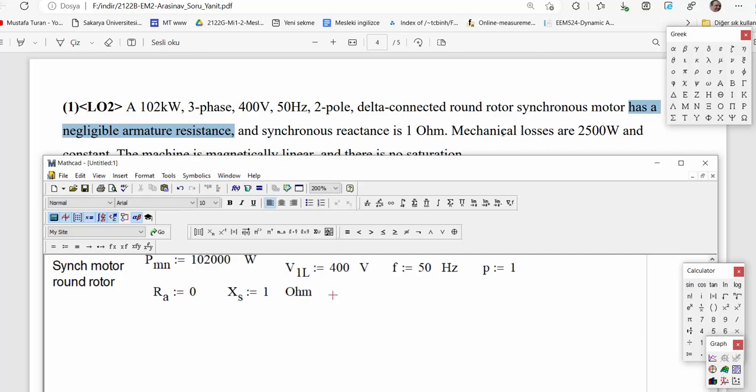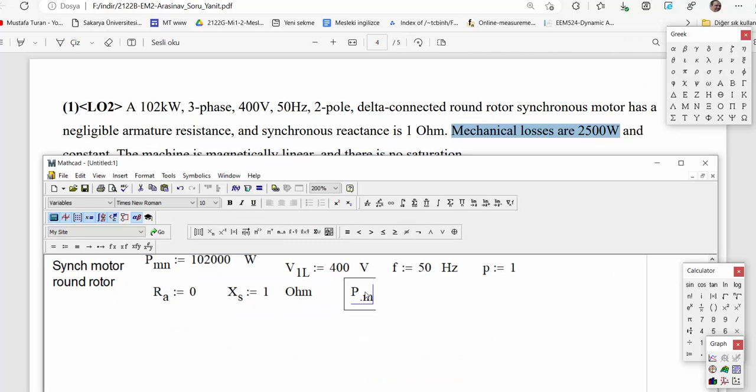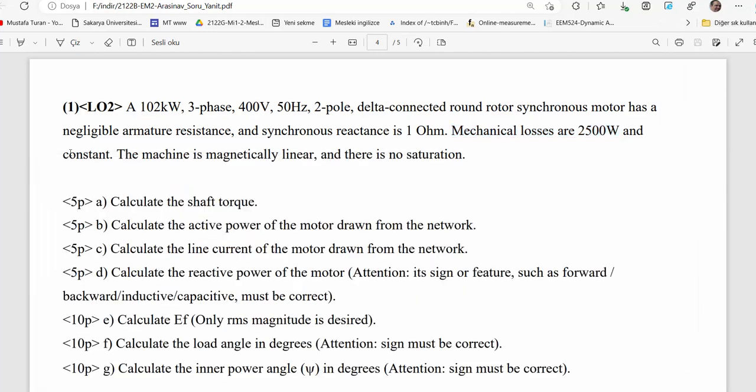Okay. Mechanical losses are given as 2500 watts. Those are total mechanical losses in terms of frictional and windage losses, and they are constant. You know, mechanical losses are a function of speed.